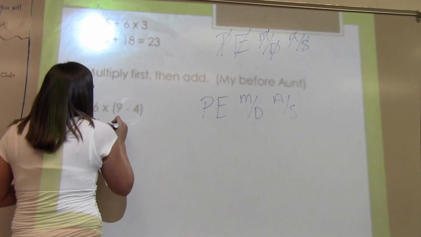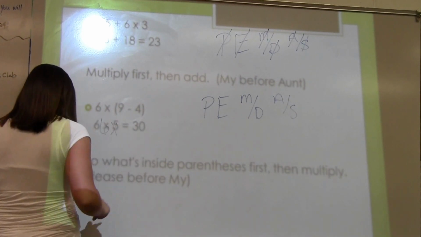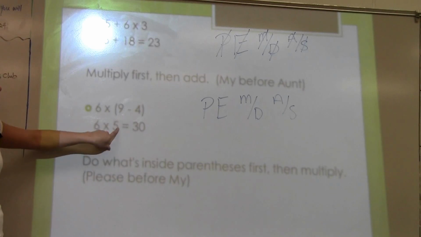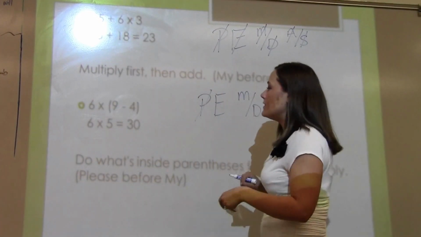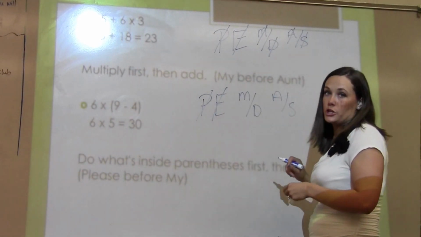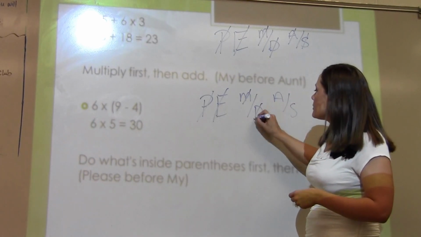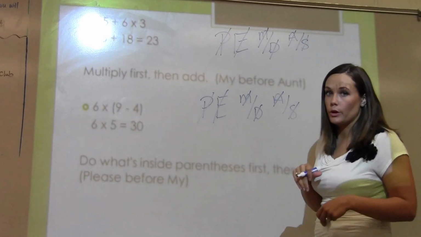What is 9 minus 4? 5. After we get our 5, do we have any exponents? No. But we do have multiplication, so we multiply to get 30. Are there any other steps in there? No, but we did check for them, so we're going to mark through it, okay?